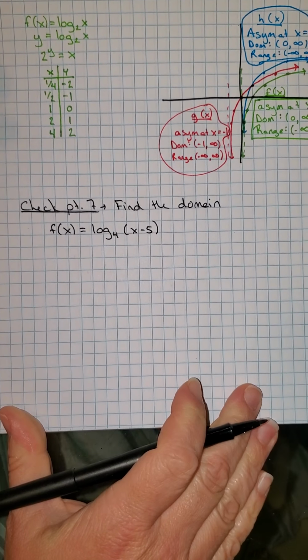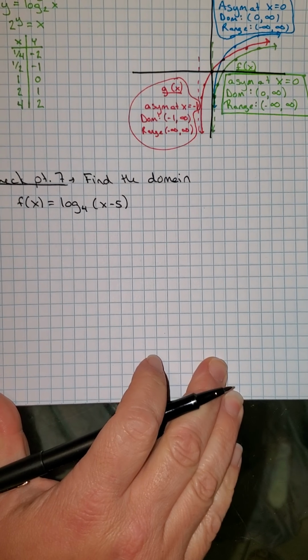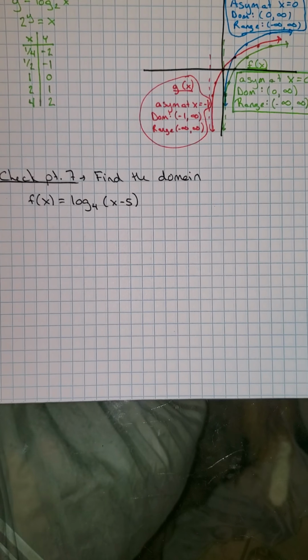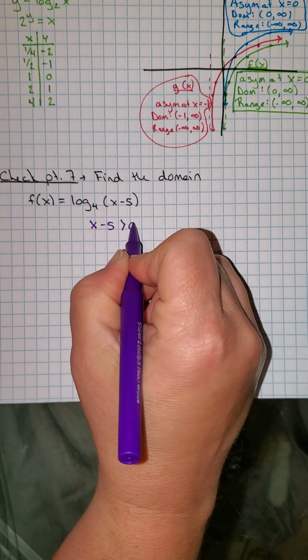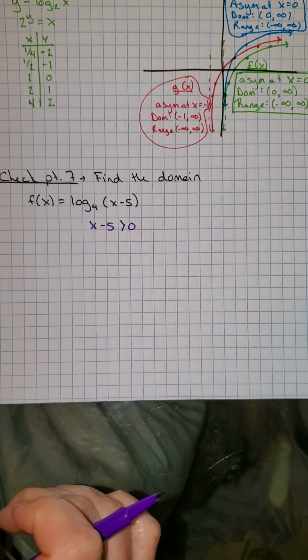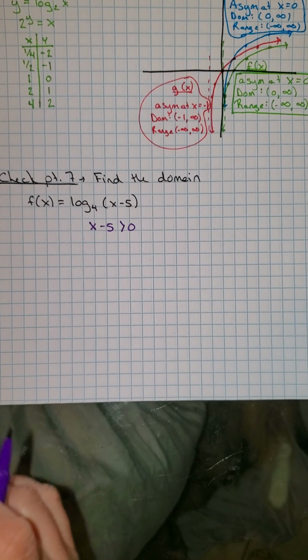And this does go like with the asymptotes of the graphs and stuff like that, but we're not going to graph this one. We're just going to do it algebraically. So if we're taking the log of x minus 5, all you do is take your x minus 5 and make it greater than 0. Just like our domain up there, it went from whatever the asymptote was to infinity, not including the asymptote.